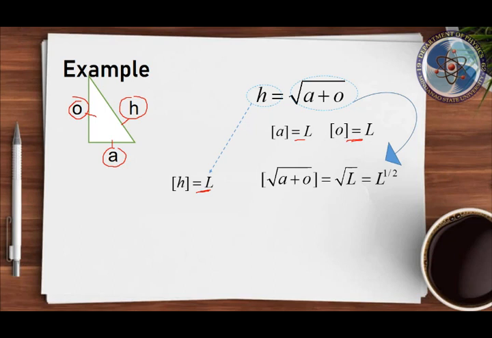So the right side of the equation has the dimension length raised to the power of 1/2, and the left side is only L. And therefore, we conclude that this expression is not dimensionally consistent.